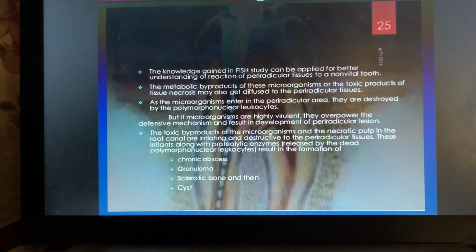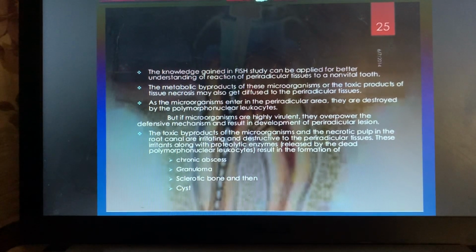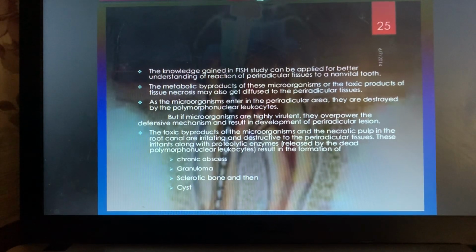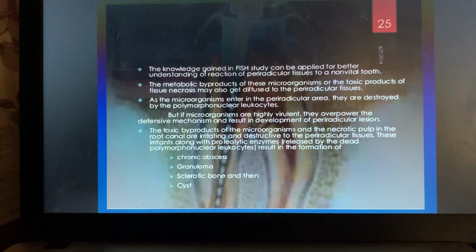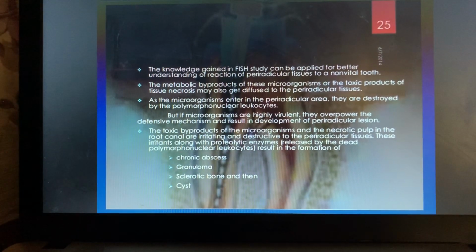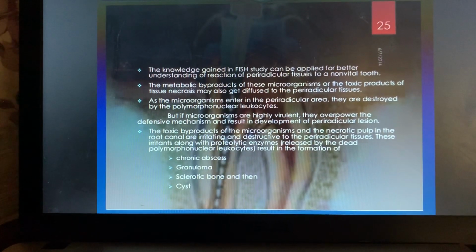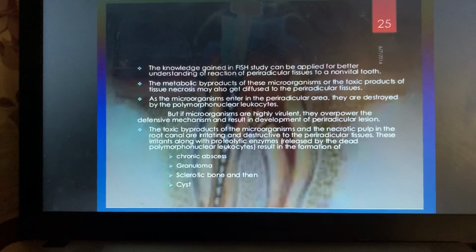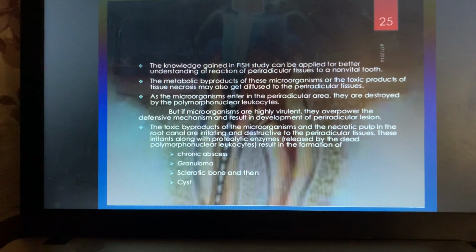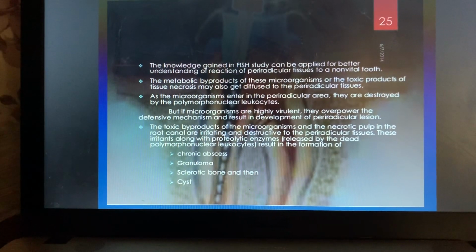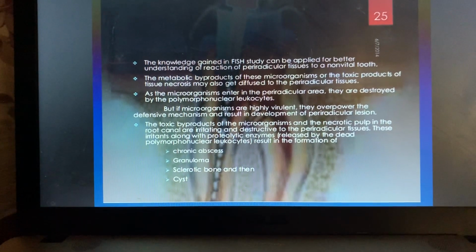Once the root canal is devoid of microorganisms, that is, if the infected root canal, which acts as a reservoir of bacteria, has been treated and thoroughly cleaned, shaped and obturated, that can lead to repair of the periapical area and also periapical bone.